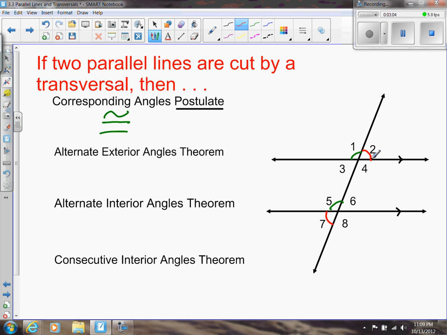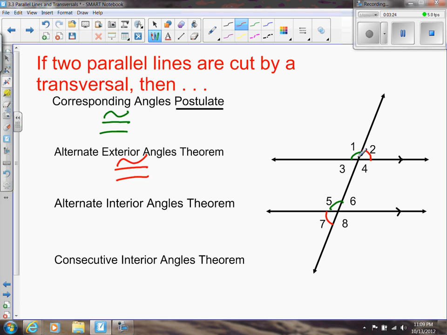And what I always say is all the acute angles are congruent, and all the obtuse angles are congruent to each other. So angle 2 is an acute angle, angle 7 is an acute angle. They're going to end up being congruent to each other in this case, but they are alternate exterior angles.